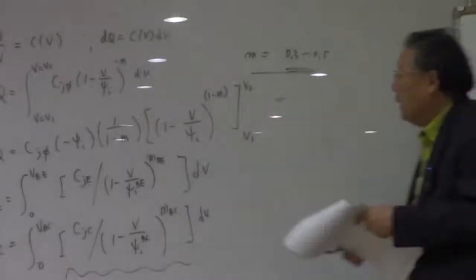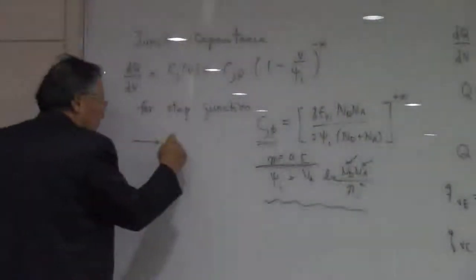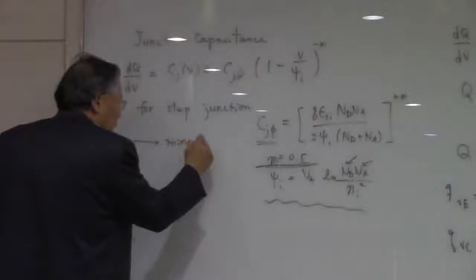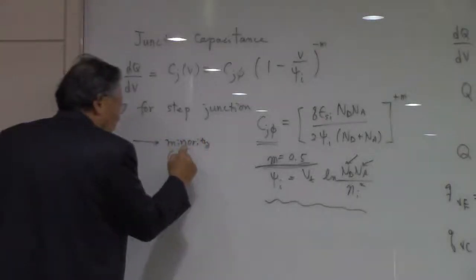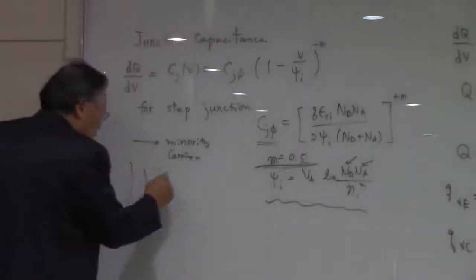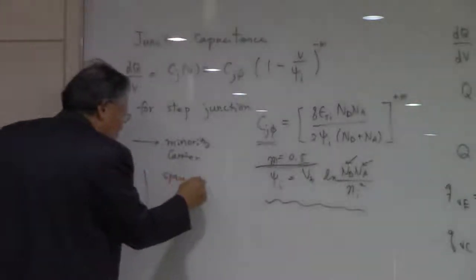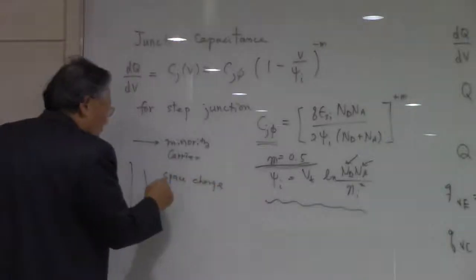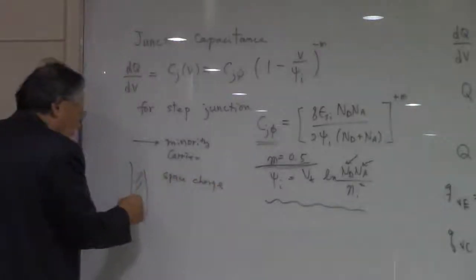So we have seen that there are two capacitances possible. One is the injected minority carriers, and one is the built-in space charge region capacitance, right?